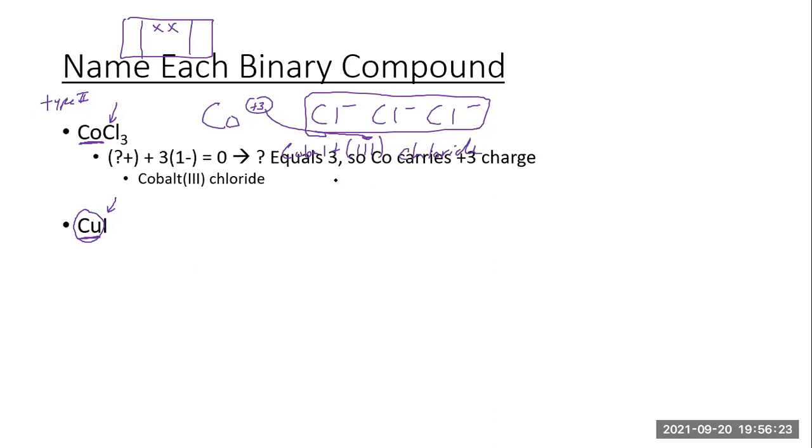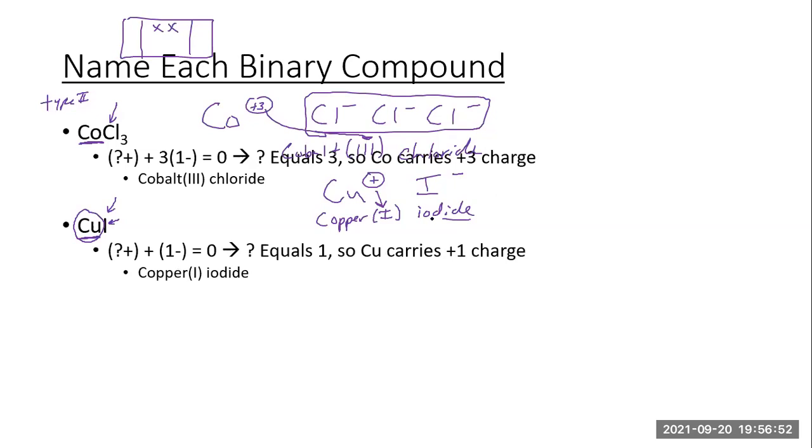We roll just like we just did. 1 copper, not sure what the charge is, but iodine is group 7, which means it has a -1 charge. That means in order to balance it out, that must be a +1 charge. And then this would be copper, whole name of the metal, Roman numeral 1 because of the charge. Iodine becomes iodide here in this particular case. Any questions on that one?